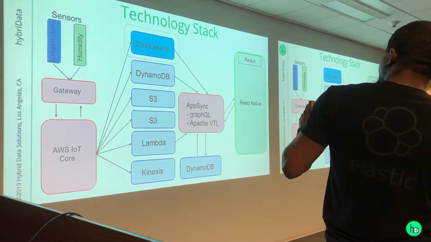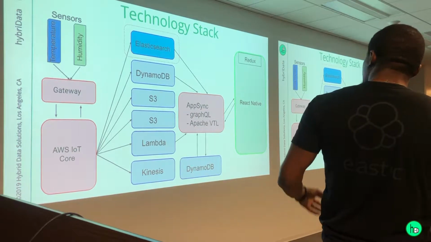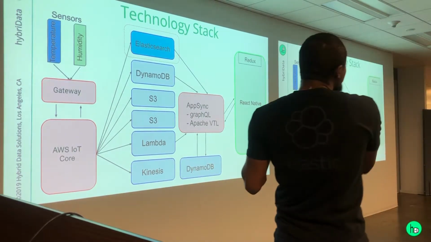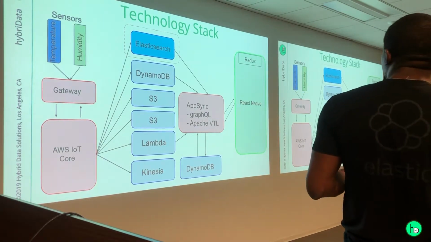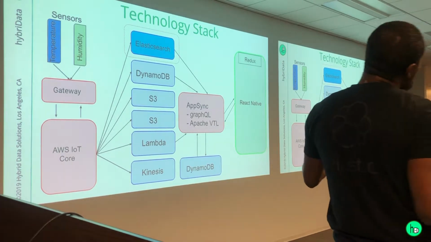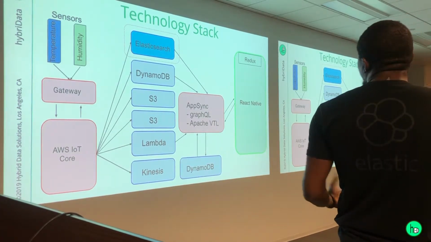But again, if you notice, I put the very critical components of the stack in red font. The gateway is so critical because it's what connects your cloud infrastructure with the devices.